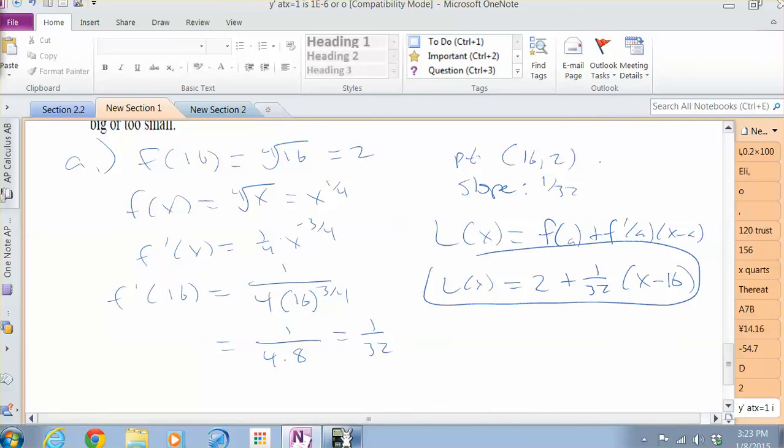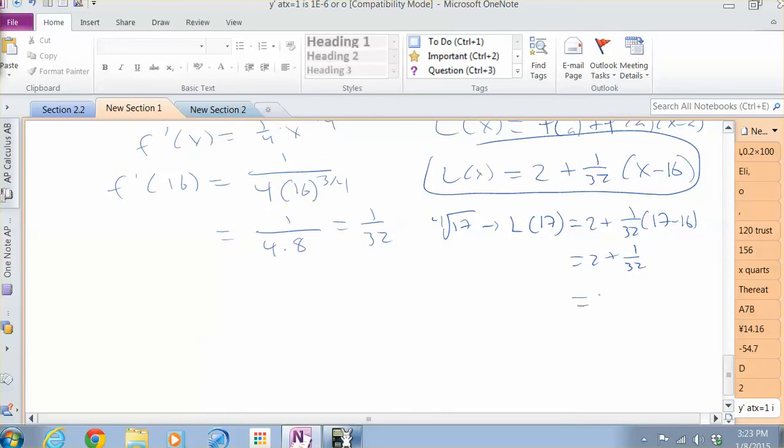Now, to find the fourth root of 17, I can just use the approximation. L of 17 will be 2 plus 1 over 32 times 17 minus 16, which is 2 plus 1 over 32. So 2 and 1 over 32.